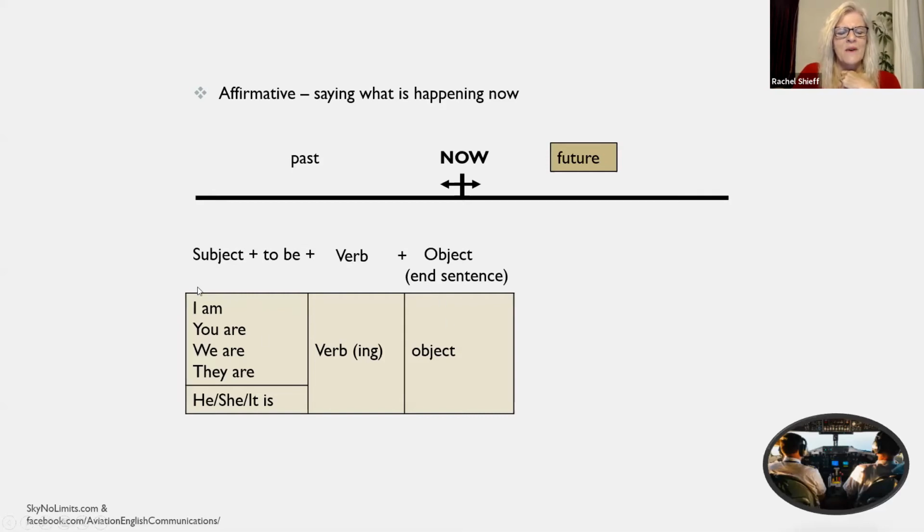Okay, so I am plus the verb ing plus the object, you are, we are, they are, verb ing plus the object, he, she, it is, plus the verb ing and the object, or the completion of the sentence. So let's have a look at the example we've got here.